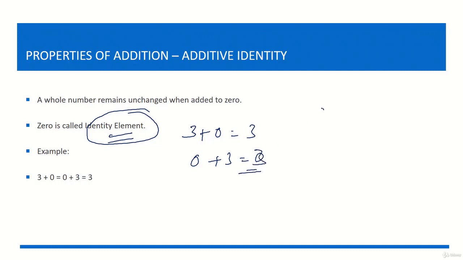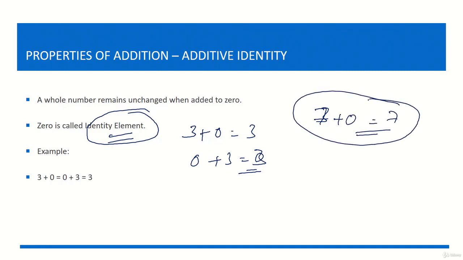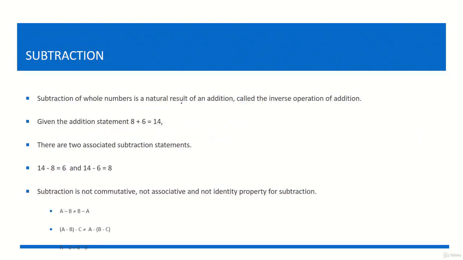Or otherwise 3 plus 7 plus 0 is equal to 10 only. It is not at all going to change if you add 0. Or otherwise 10 plus 0 is equal to 10 only. This is additive identity. There are three other properties for addition.